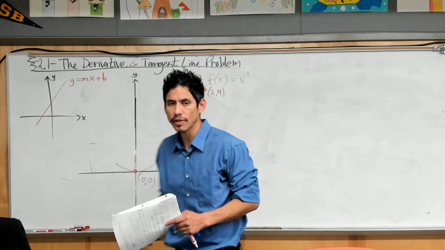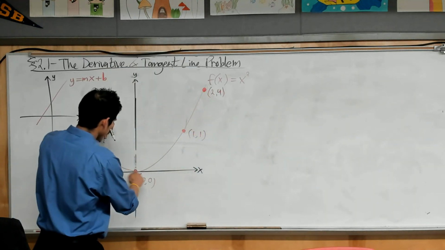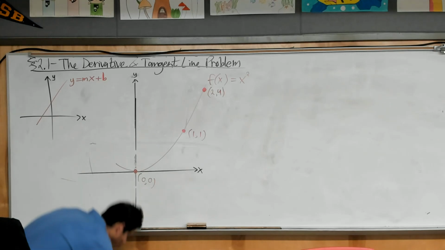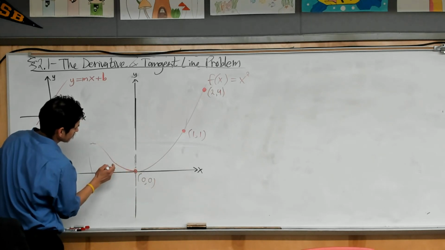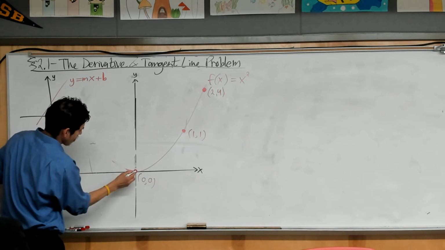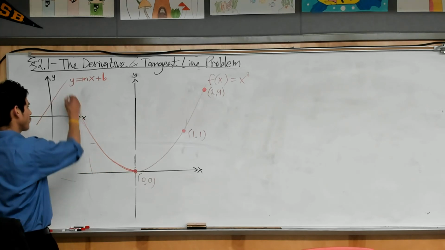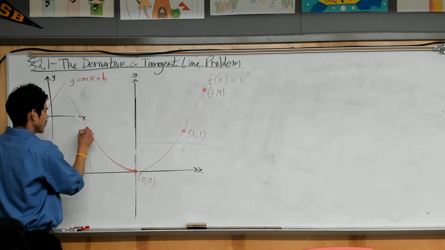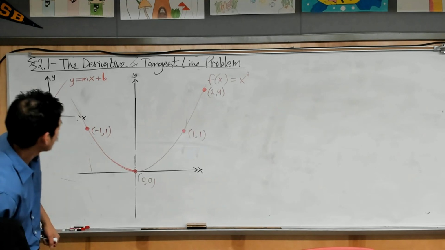Now let's pick a point on this side, the opposite end. Now we're getting crazy: -1, 1.